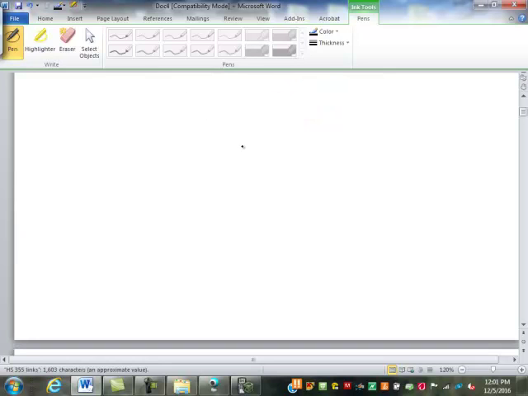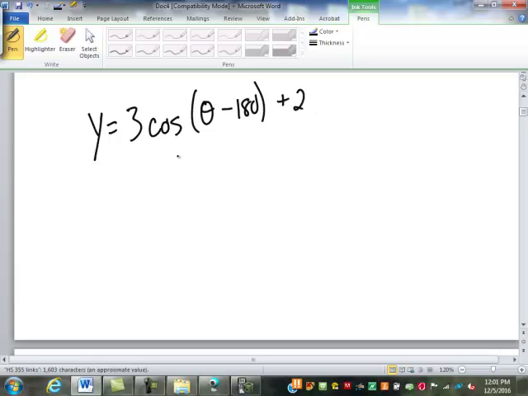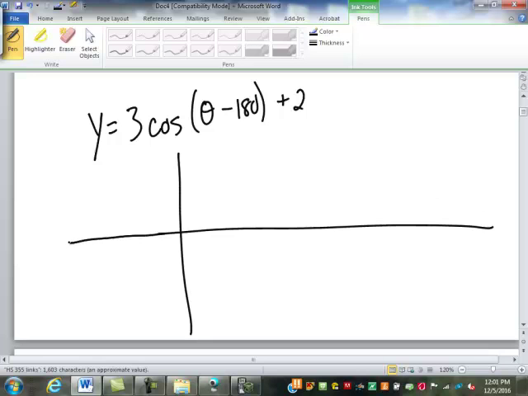So let's say we have y equals 3 cosine of theta minus 180, like this. So yeah, I'm going to have to sketch it backwards here. This is going to be 0, 90, 180, 270, 360.